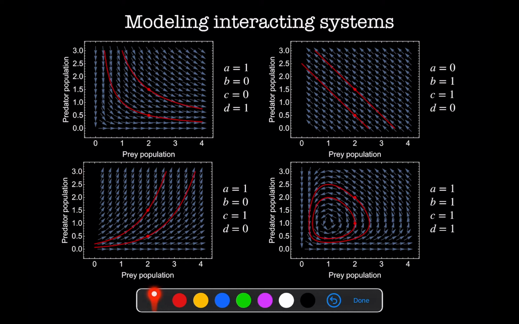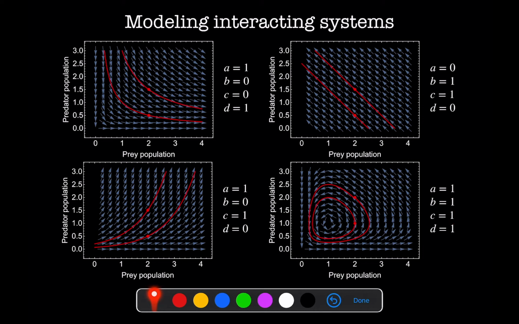This last case is a lot more interesting. This is where a lot of the interesting dynamics begin to show up. In this case, we have, I guess, constant rates for everything. So rabbits are born, they get eaten, foxes eat rabbits and are born, and they die off at some rate.